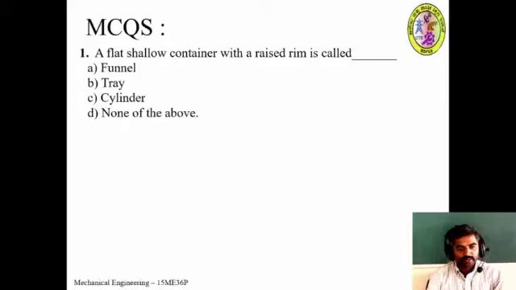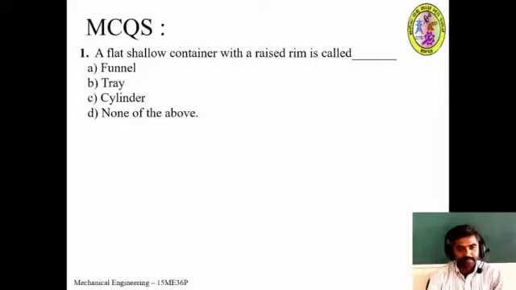You have seen the demo of orthographic views and how to do the experiment in a laboratory workshop. Now I will give you a small assessment for you people, on how much you understood in this session. So MCQs, multiple-choice questions.